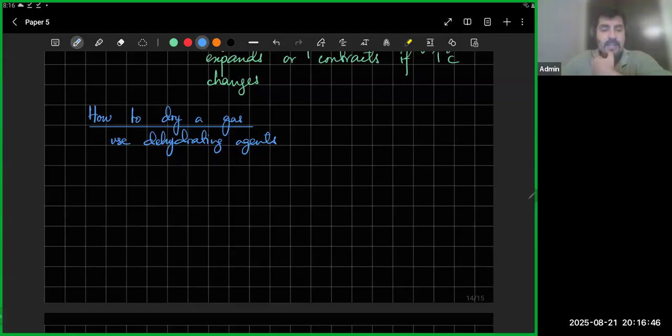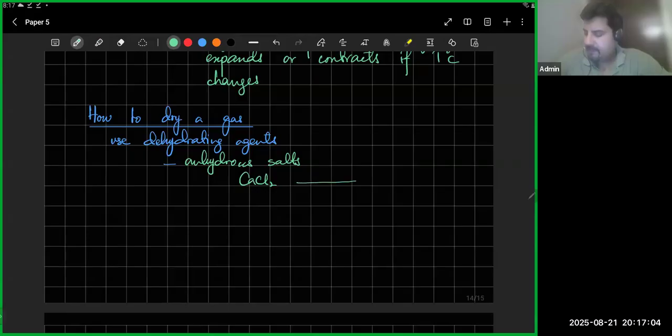So you're going to use dehydrating agents. A lot of your dehydrating agents are anhydrous salts. For example, you're going to have calcium chloride anhydrous, and it's capable of absorbing water, and it will eventually become hydrated.